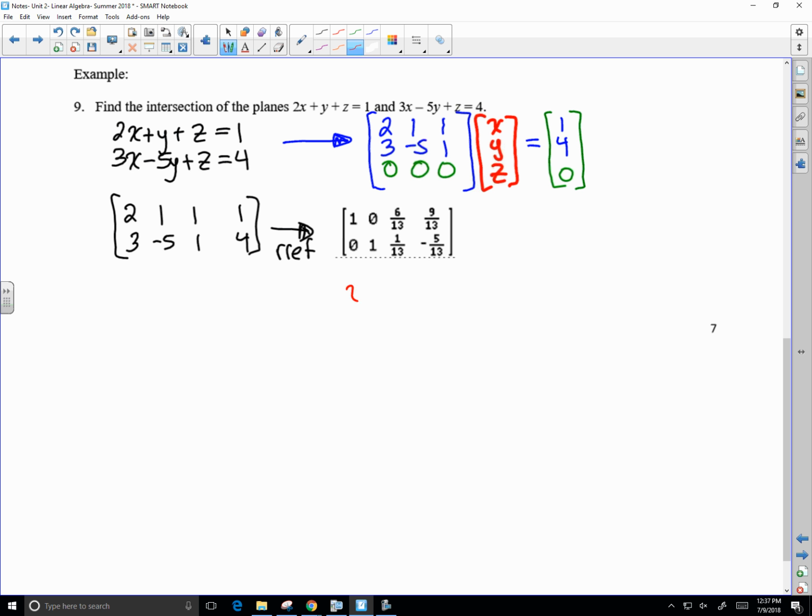All right, so we have x plus 6/13 z equals 9/13. y plus 1/13 z equals -5/13.